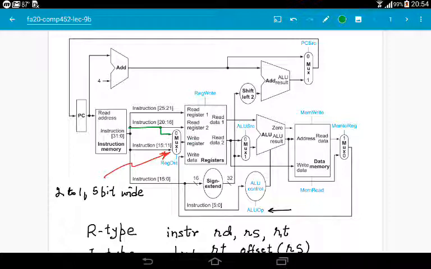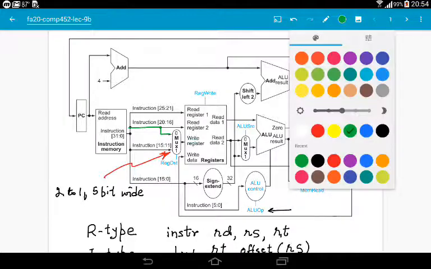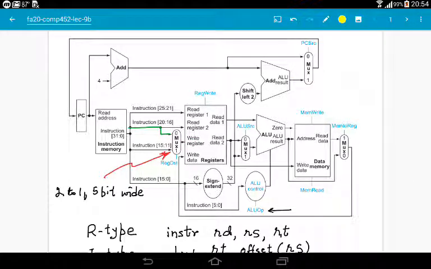But if it's an R-type instruction, then the destination register comes from bit 11 to 15 of the instruction.